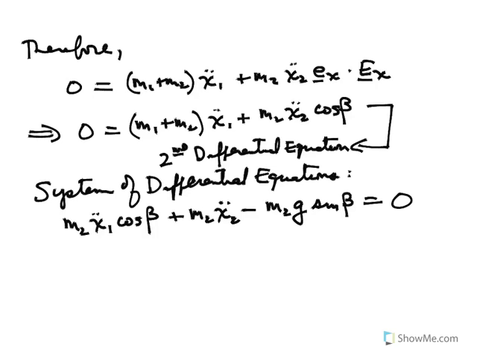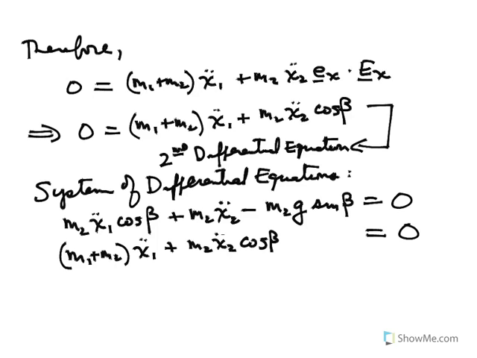And the other differential equation is (m1 plus m2) x1 double dot plus m2 x2 double dot times the cosine of beta equals 0. That's our system of equations.